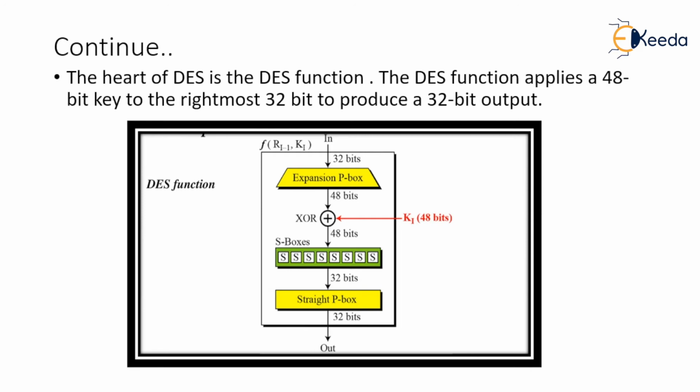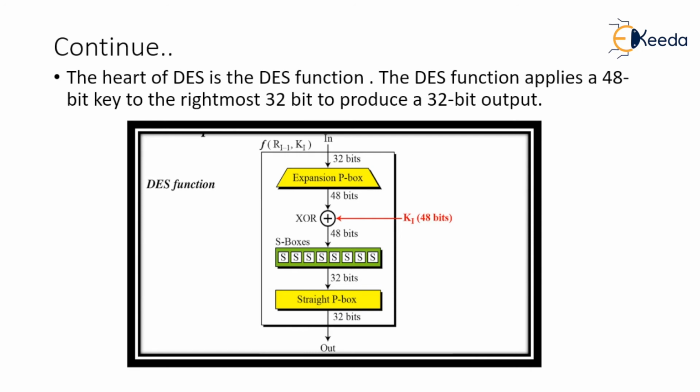So what exactly happens is, when a 32-bit input is given, which is nothing but the right portion of your plain text block, it undergoes the expansion P-box, that is, the permutation takes place, which provides you 48 bits of output. Out of the 32 bits of input, it gives you 48 bits of output. Whatever 48 bits of output you get is then XORed with the key.